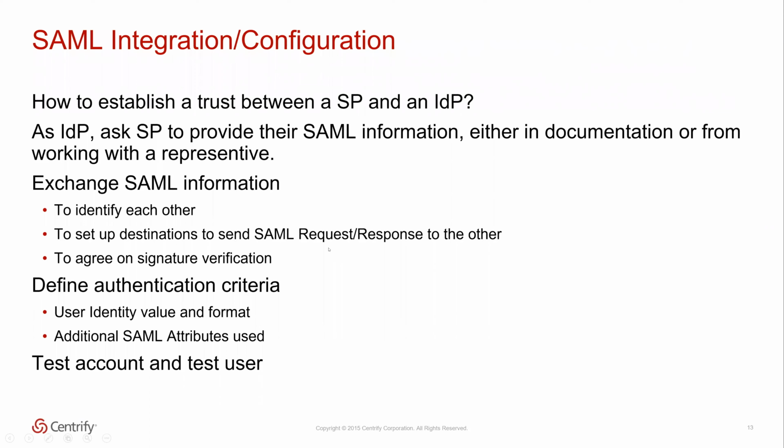What needs to happen is the exchange of information. From the IDP, you need to give the SP your side of the information, and the SP needs to do the same. Simply ask for it. Ask the SP to provide you the information on their side.